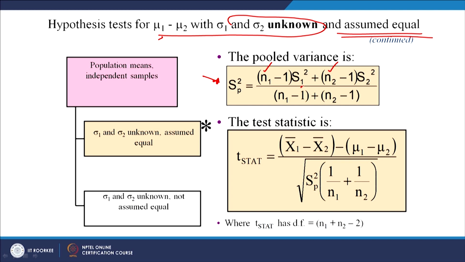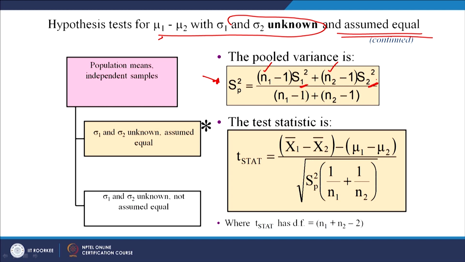S1 is the standard deviation of the first sample, S2 the standard deviation of the second sample. So, n1, n2, S1, S2, and these two are variances. So, this is the pooled variance.